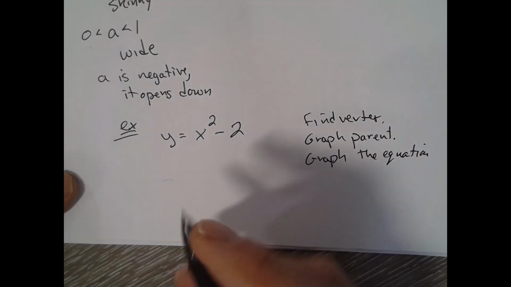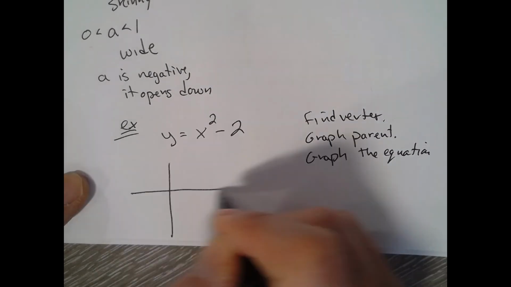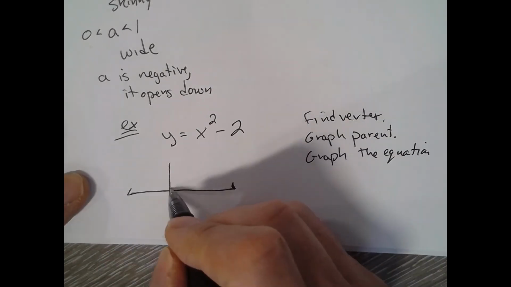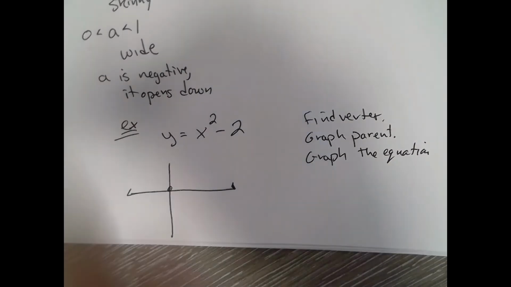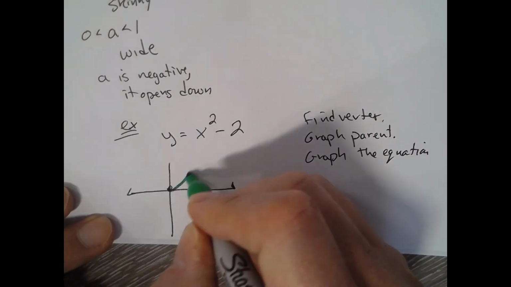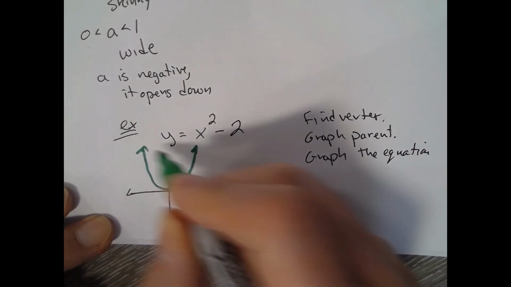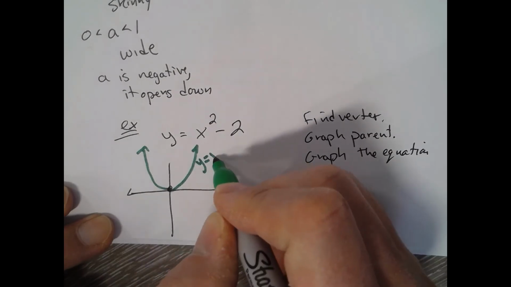Alright, so y equals x squared minus 2. My parent is just right at 0, 0, and it opens up. And that's y equals x squared.